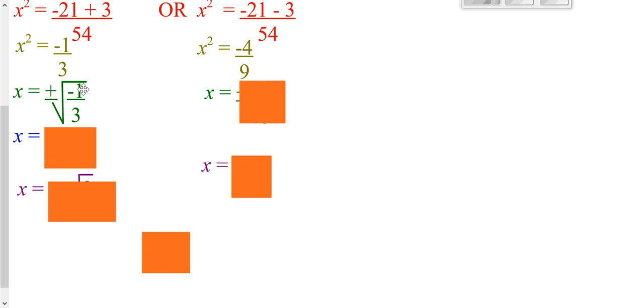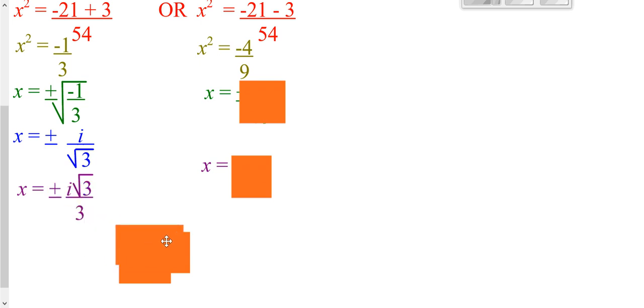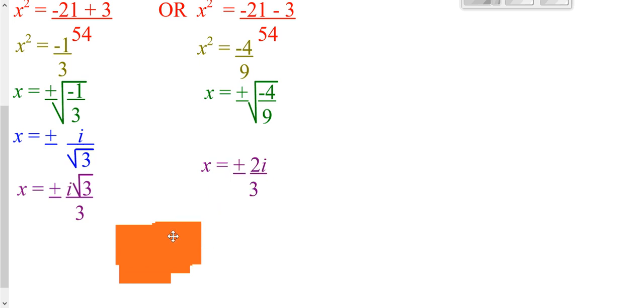And you should know that the square root of the top over the square root of the bottom is what we do for square roots of fractions. So you do the square root of the top, square root of the bottom. We don't like to leave roots in the bottom, so you do a special form of 1, square root of 3 over the square root of 3. So we get plus or minus i root 3 over 3. Over here, we can do the square root of the top over the square root of the bottom. Square root of the top would be a plus or minus 2i. Square root of the bottom would be a 3.